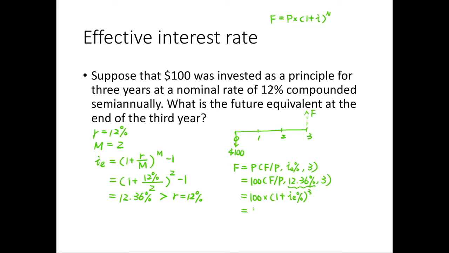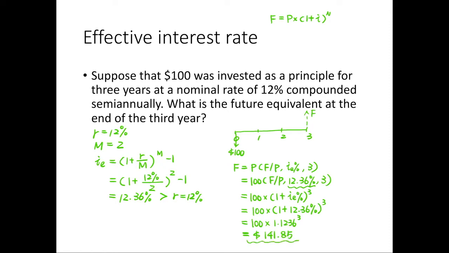So that is 100 times 1 plus 12.36% to the power of 3. Okay, and this will give you 141.85. Look at that.